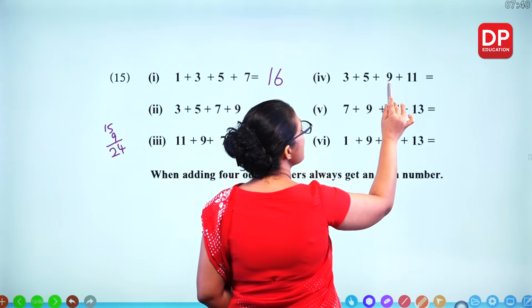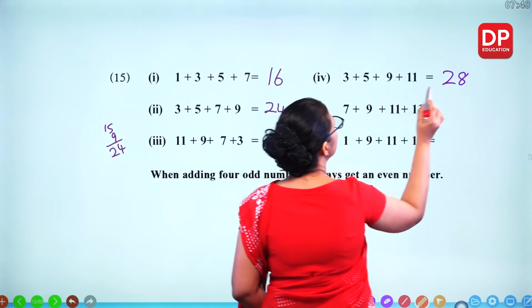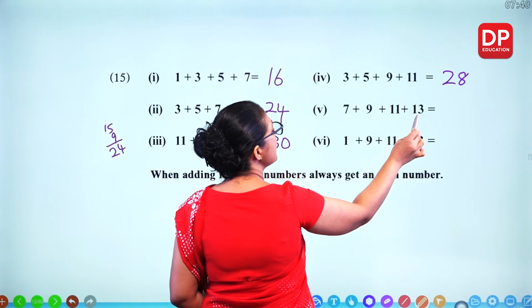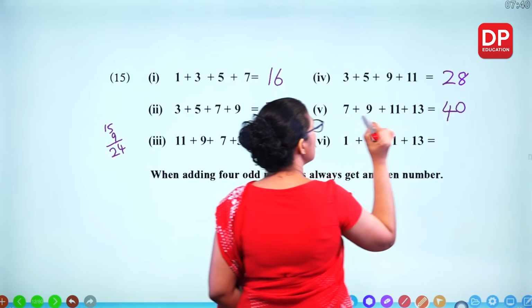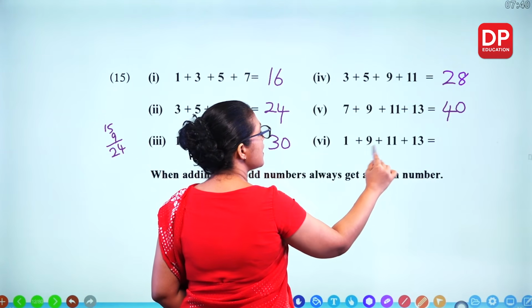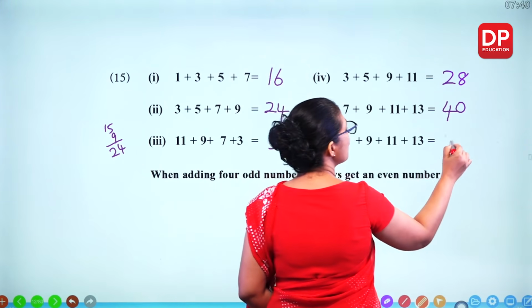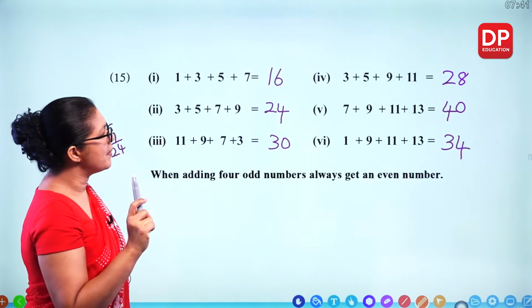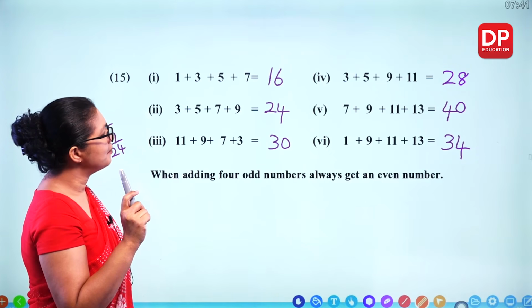Here 11 plus 9, 20. 25, 28. 11 plus 9, 20. 33 plus 7, 40. When you add four odd numbers, you always get an even number.